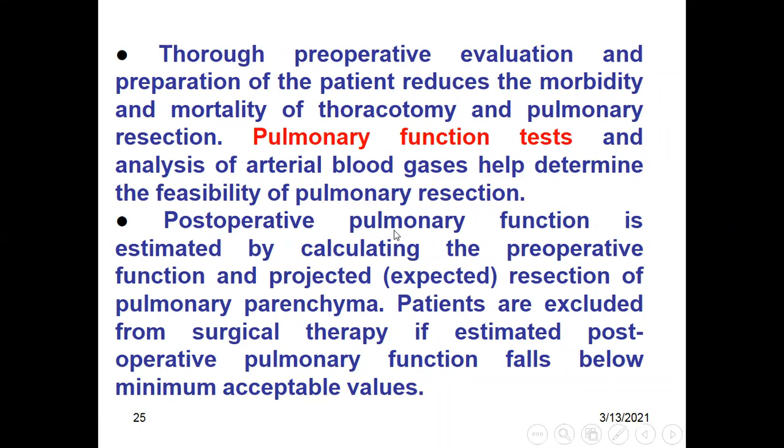Postoperative pulmonary function is estimated by calculating the preoperative function and the projected or expected resection of pulmonary parenchyma. Patients are excluded from surgical therapy if the estimated postoperative pulmonary function falls below the minimum acceptable values.